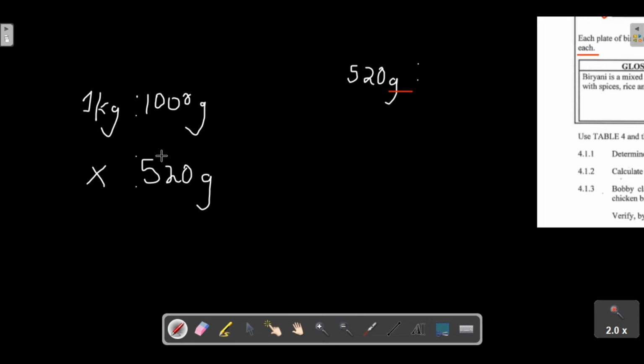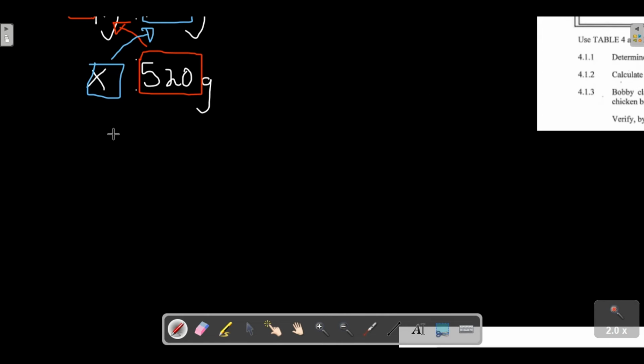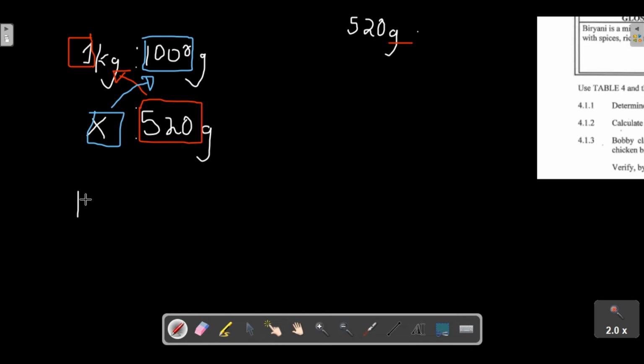Now we are going to cross multiply this 520 with that one, and this with that. In this case, that means x we are going to multiply with 1,000. What do you get when you multiply x with 1,000? You get 1,000x.